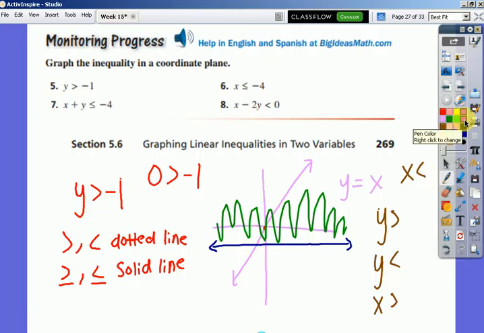If it's towards the y, you always want to shade above your line. If it's away from your y, you always want to shade below. You don't even have to test values. This will always work. If it's towards your x, you want to shade to the right. If it's away from your x, you want to shade to the left.